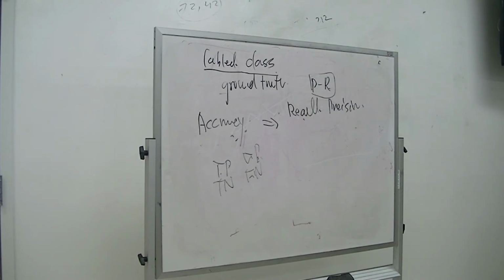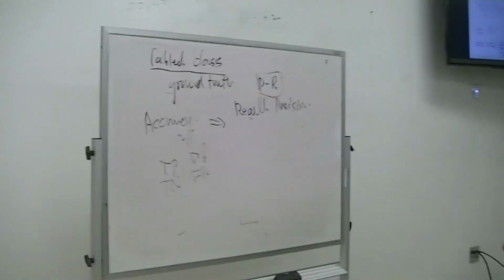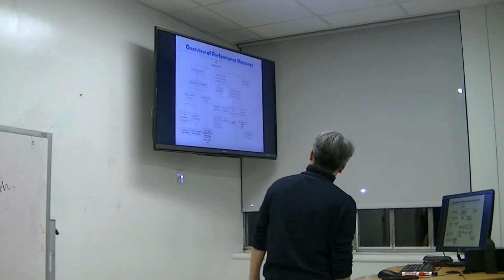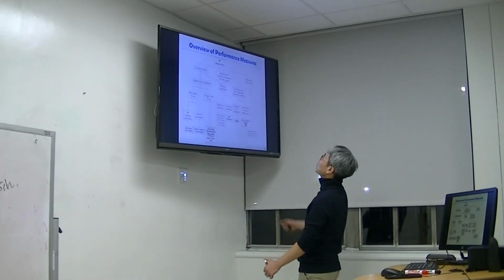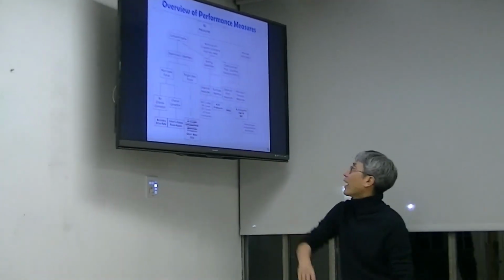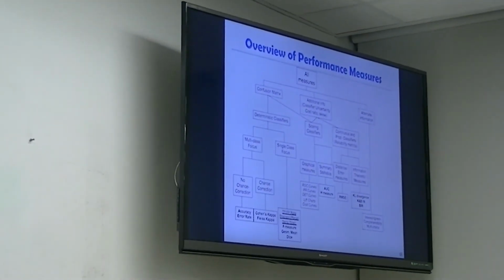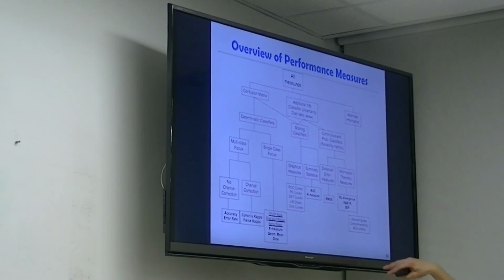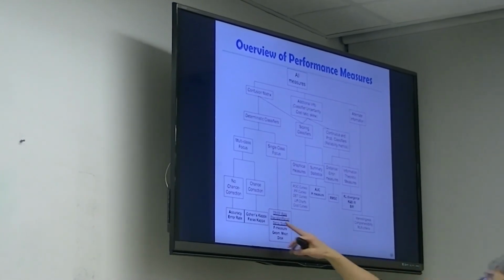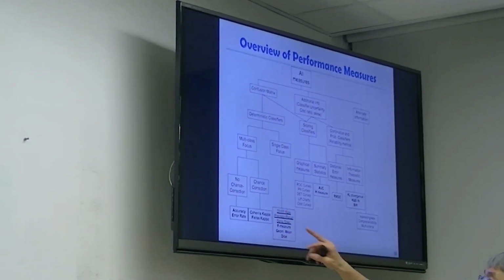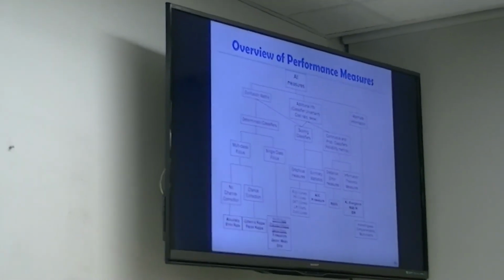Okay. Actually, there are many performance measures. So you can see even a lot. For example, KL divergence is very popular for distributions in statistics, and TP over FP rate is the precision and recall that I mentioned.